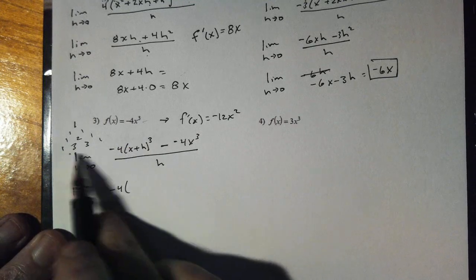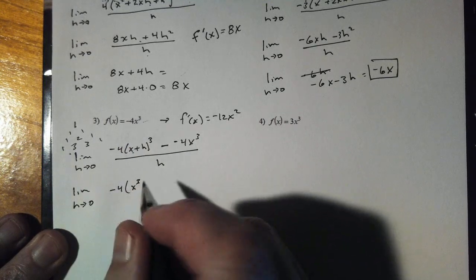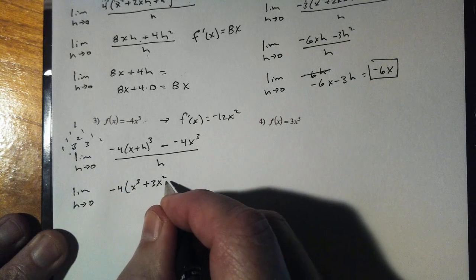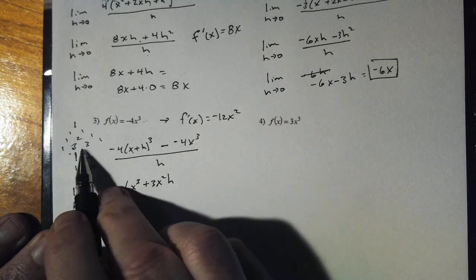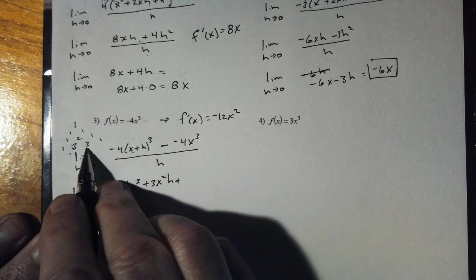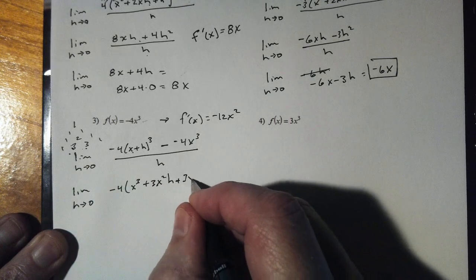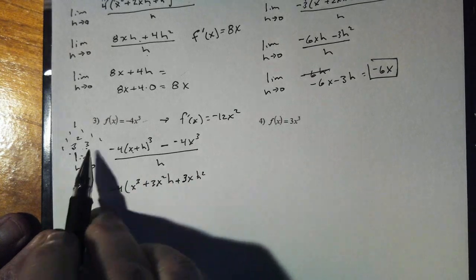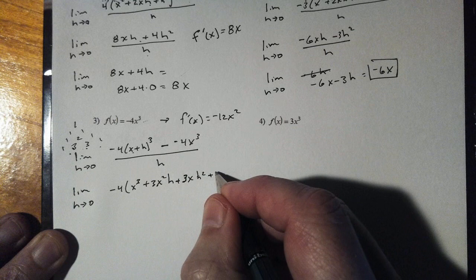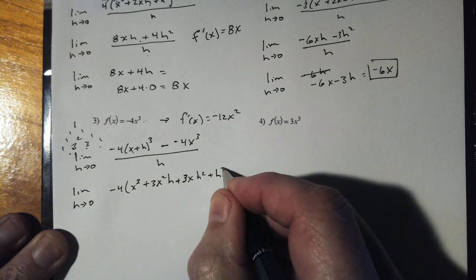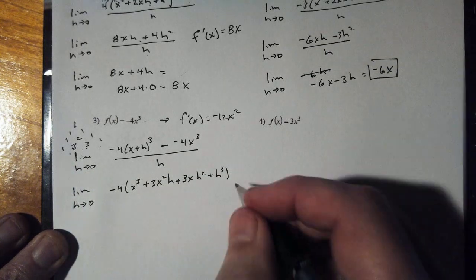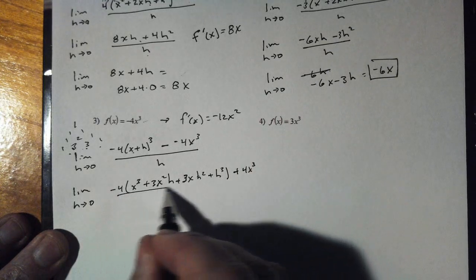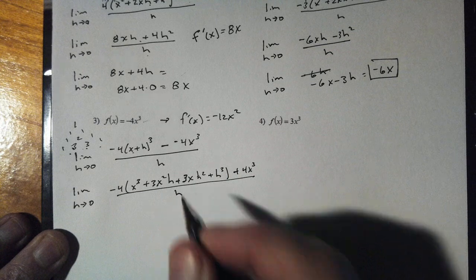When I superfoil this, I'm going to get 1 of the x cubes plus 3 of the x squared with a single h plus 3 single x but a pair of h's plus 1 no x's but 3 h's, all plus 4x cubed on h.